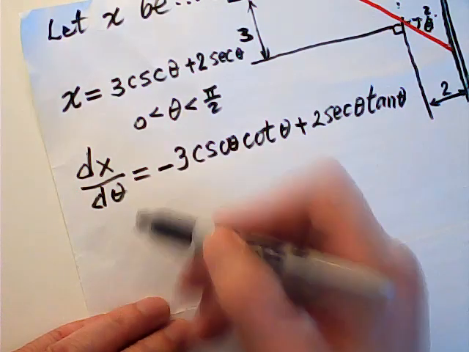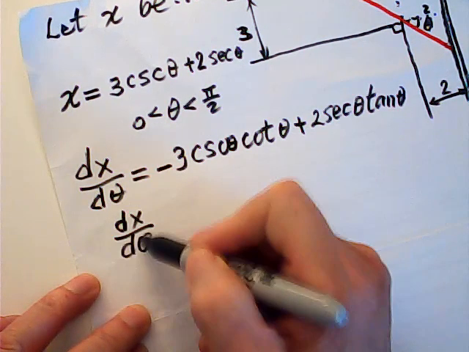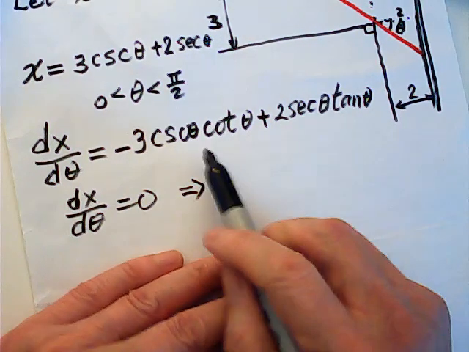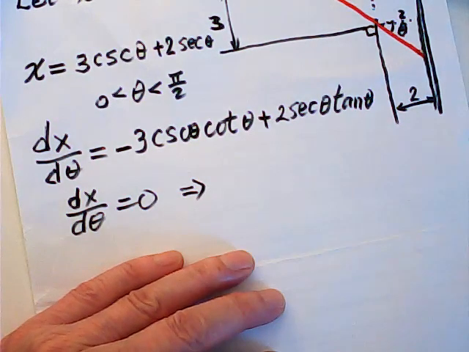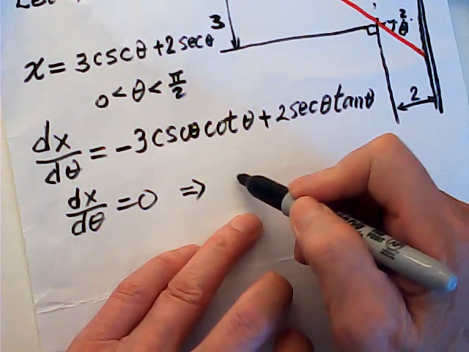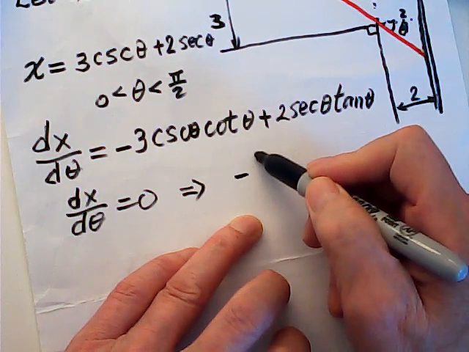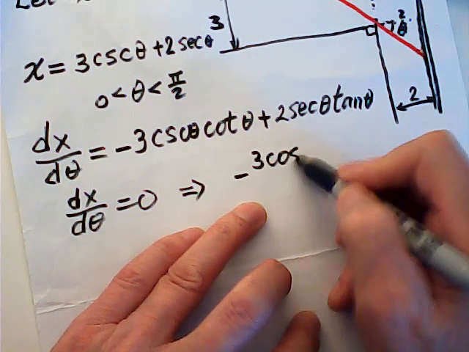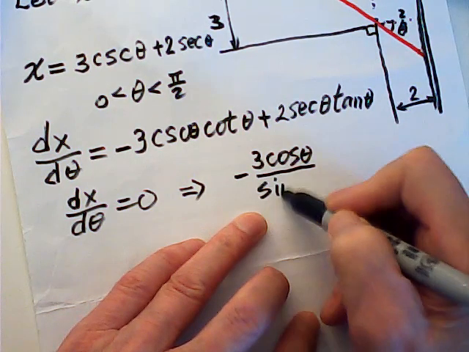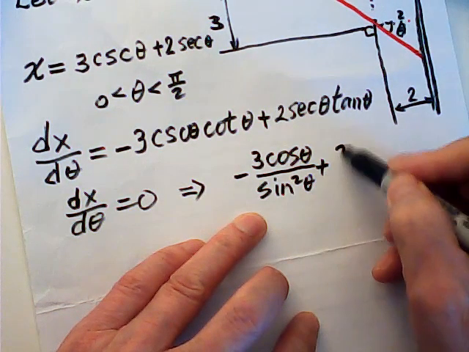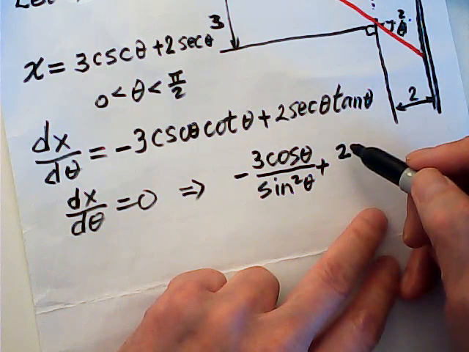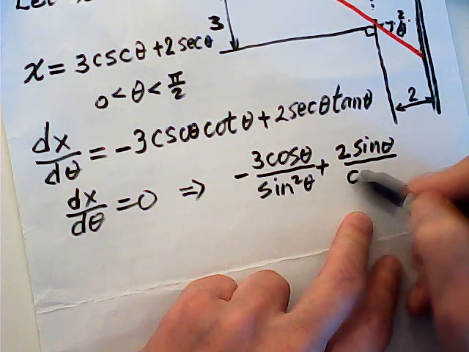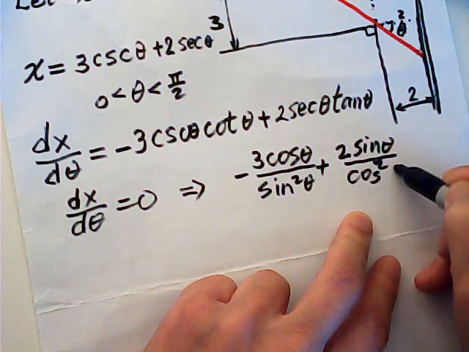We let this be 0, which means, changing to sine and cosine, negative 3 cosine theta over sine squared theta plus 2 sine theta over cosine squared theta equals 0.